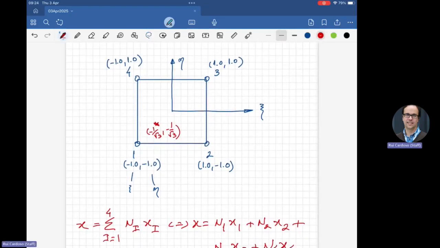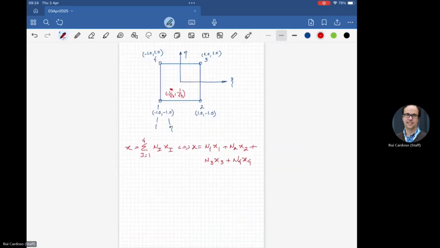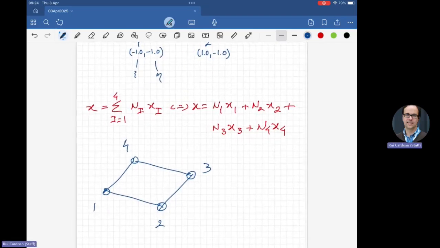So for plane stress, each node will have a u and v.